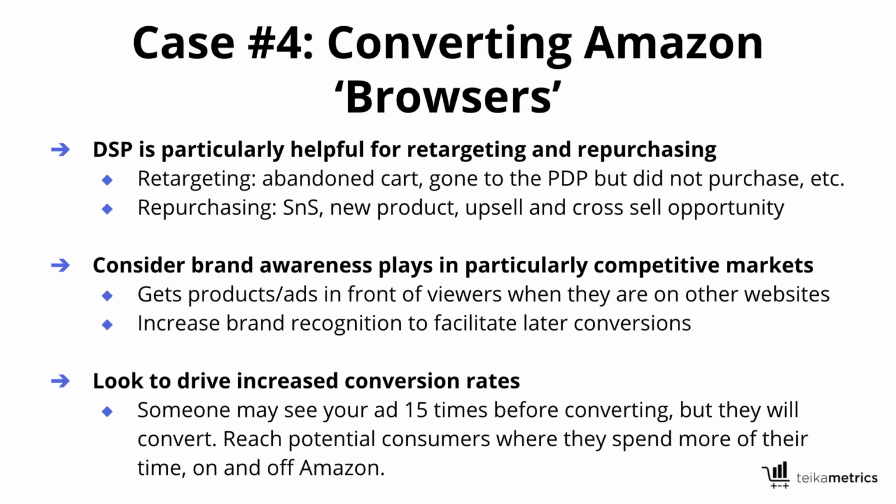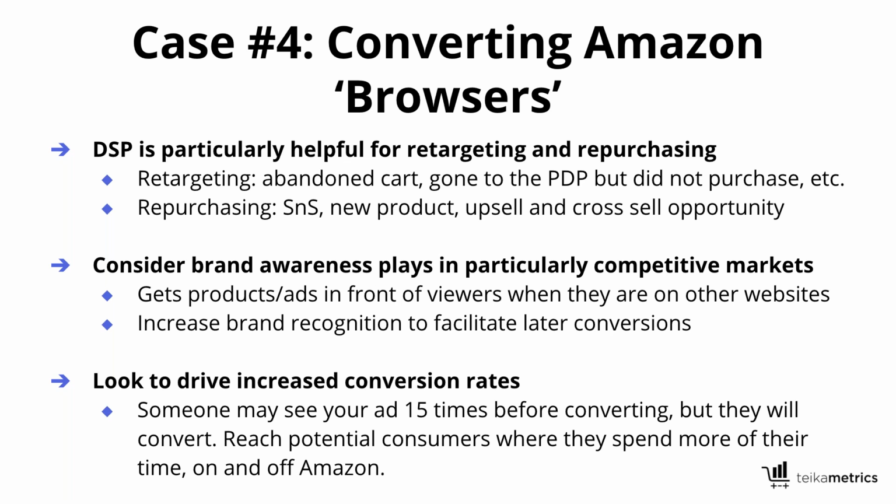DSP is a long game. We always say start broad and then hone in, and really understand who your audience is and who's converting at what time. Increasing that brand recognition now is only going to help you in the long run. So look to drive increased conversion rates. Somebody may see your ad 15 times before converting, but they will convert.